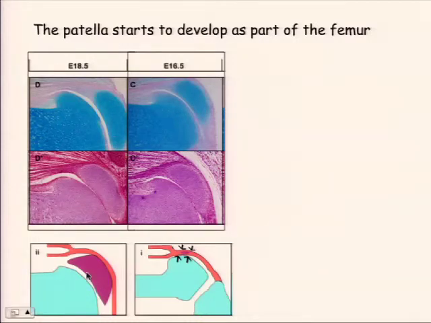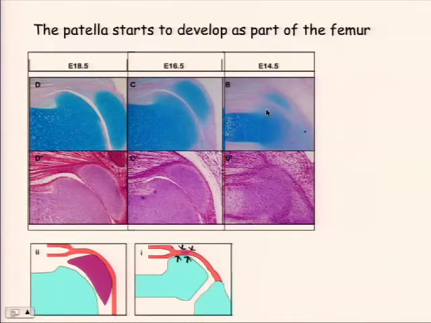However, once you go around day 14.5, you can see that the patella can still be observed, but there is no space between the femur and the patella. There is another tissue there which doesn't stain with Alcian blue.